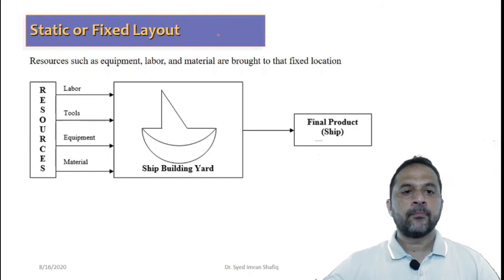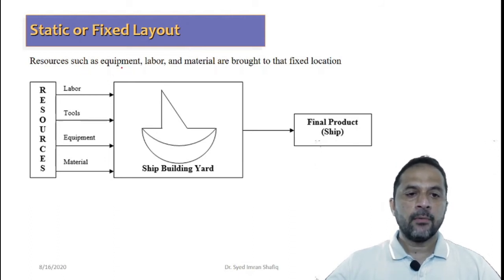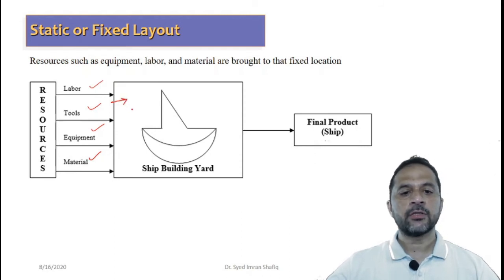So another type of layout is fixed or static layout. These are special kinds of layouts in which resources are brought to the fixed location. The resources can be labor, tool, equipment, and material. They are brought to a fixed location. For example, the shipbuilding yard.